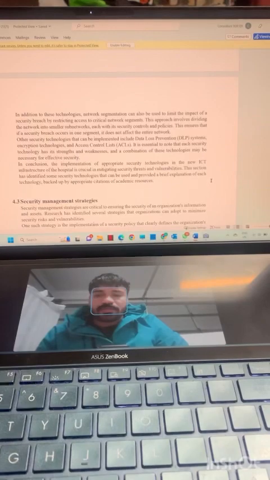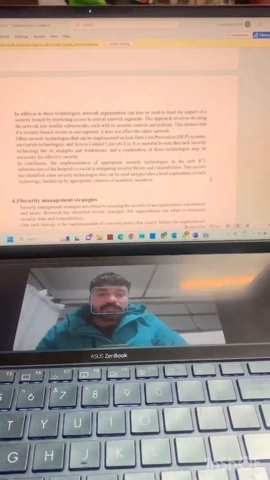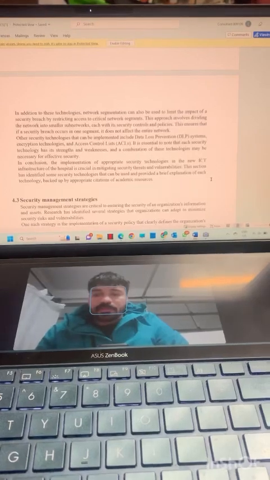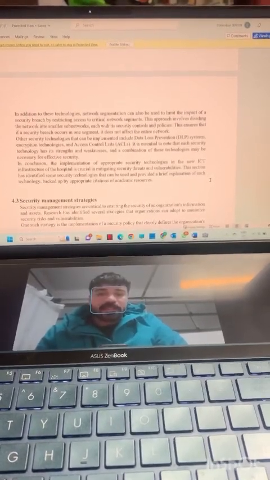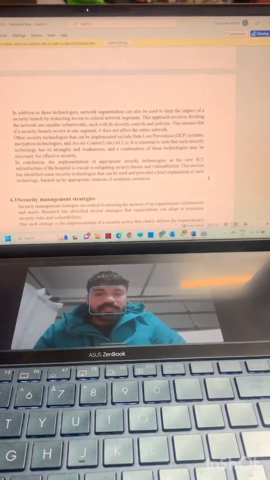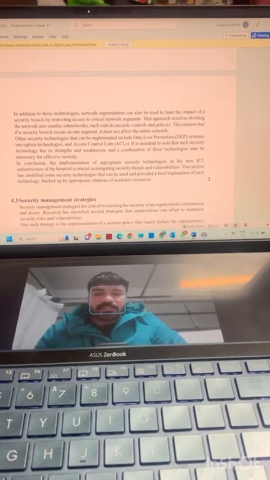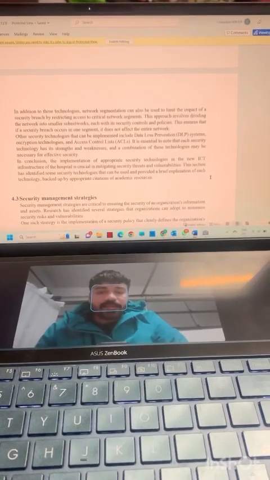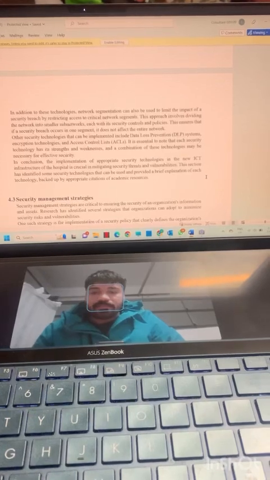Other security technologies that can be implemented include data loss prevention systems, encryption technology, and access control. It is essential to note that each security technology has its strengths and weaknesses, and a combination of these technologies may be necessary for effective security.